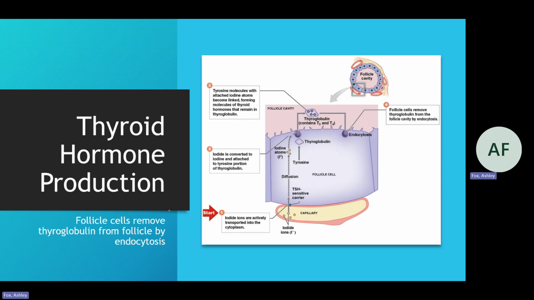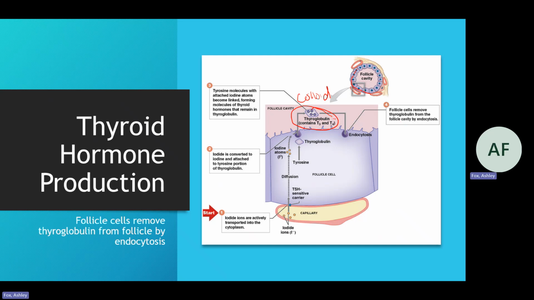So follicle cells are going to remove, so this is thyroglobulin, and your iodine is going to be inside the follicle. So that's going to be your colloid, remember. Then the cells on the outside, so the follicular cells, are going to actually take in and remove the thyroglobulin from the follicle.